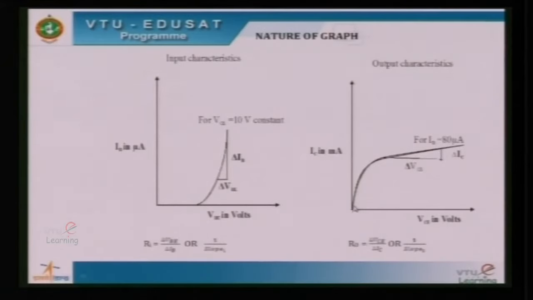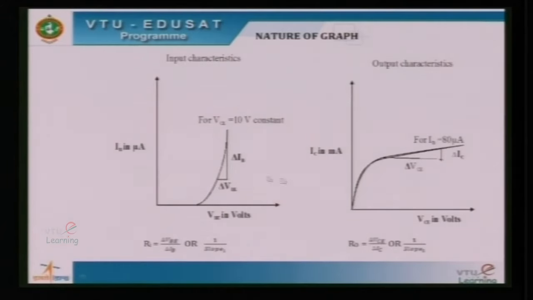So, initially there will be large increase in the value of IC for initial small variation in the voltage. Afterwards the current is increasing in very small steps, so almost ensuring the saturation region.